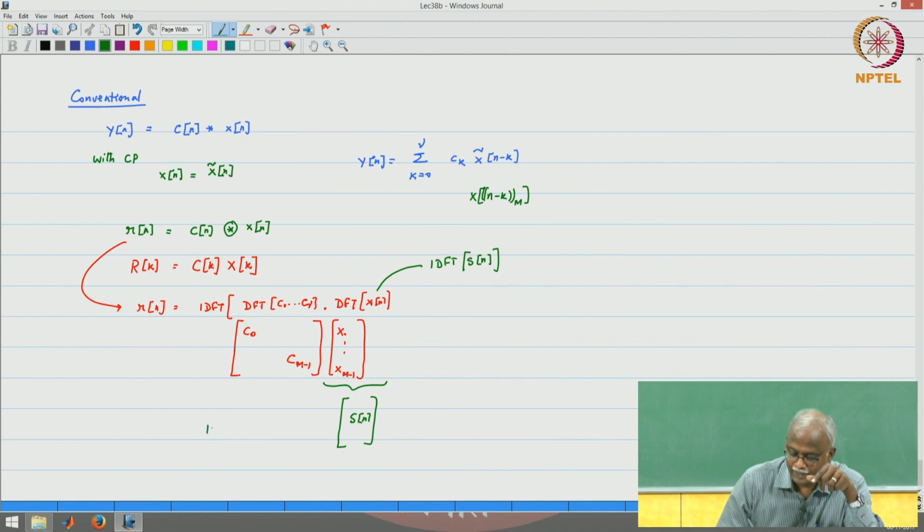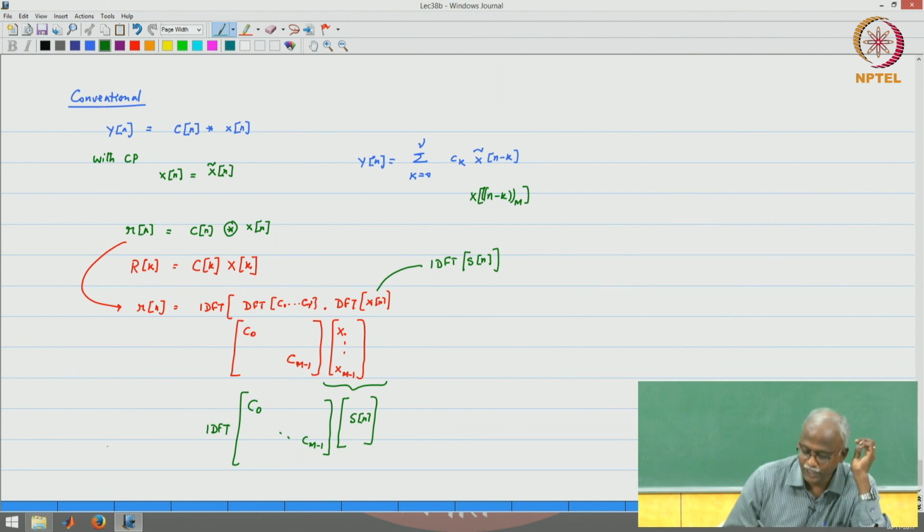So if I were to write here the IDFT of C naught through C m minus 1, and then at the output y of n is equal to the DFT of r of n.